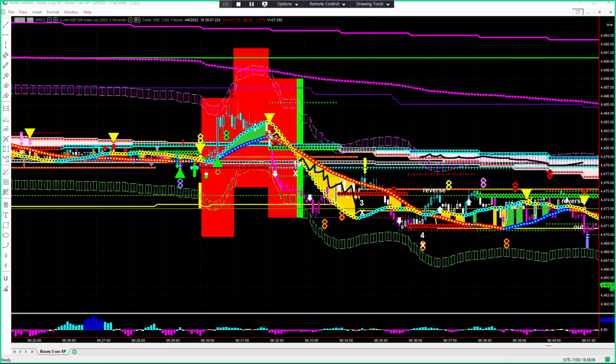But the flexes directionally need to be lined up. So as you can see, when this ultraflex is already negative, fast flex goes negative here, and close is below, then this is where it starts to paint, and it paints this light orange color.